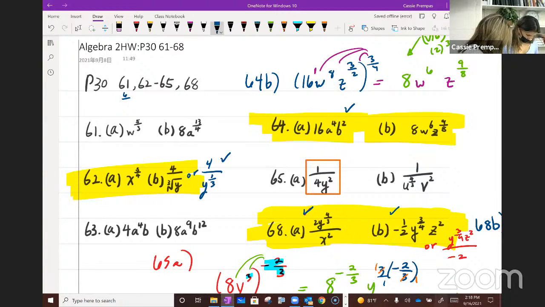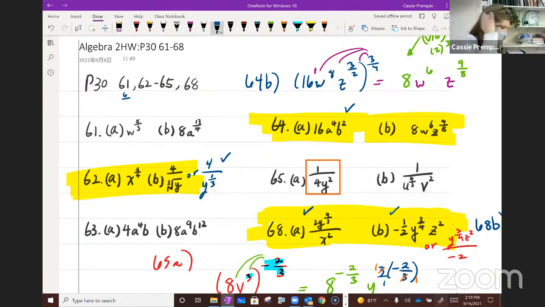This is y to the first. When you bring this to the top and make it positive, it would be 2 y to the 16/12, and then x squared on the bottom. Yeah. Okay. It seems like I forgot to do that, and I did the same thing for that one. I just forgot to switch it.